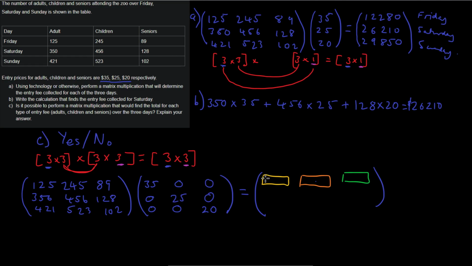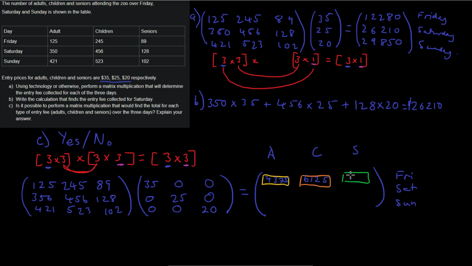We've got 4,375. This is for the adults, children, and seniors, and this is for the Friday, the Saturday, and the Sunday values. This will be 6,125. I've cleaned up that dot that was hanging around.